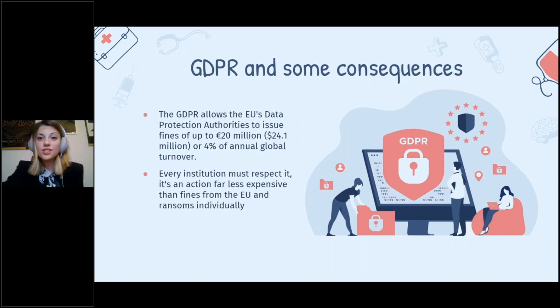There are also consequences for those who don't respect the GDPR. The GDPR allows EU data protection authorities to issue fines of up to 20 million euros or 4% of annual global turnover. Every institution must respect it. It's an action far less expensive than fines from the EU and ransoms.